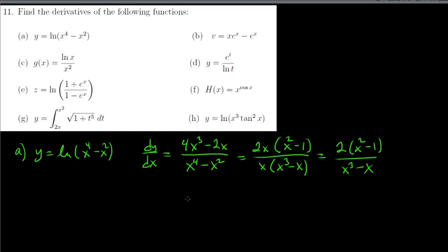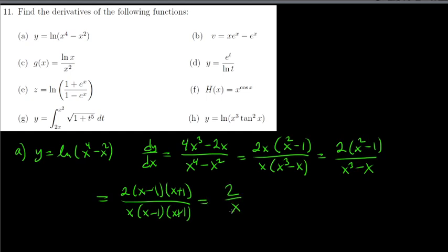I don't know, can we go any further? So this is x minus 1 times x plus 1. If you factor out an x in the denominator, you get x squared minus 1, which is, oh, the same thing. How about that? So in the end, this is just 2 over x. Except that can't be right. Yeah, okay, something's wrong. Oh, there's a 2 here, 2x squared minus 1, which doesn't factor.